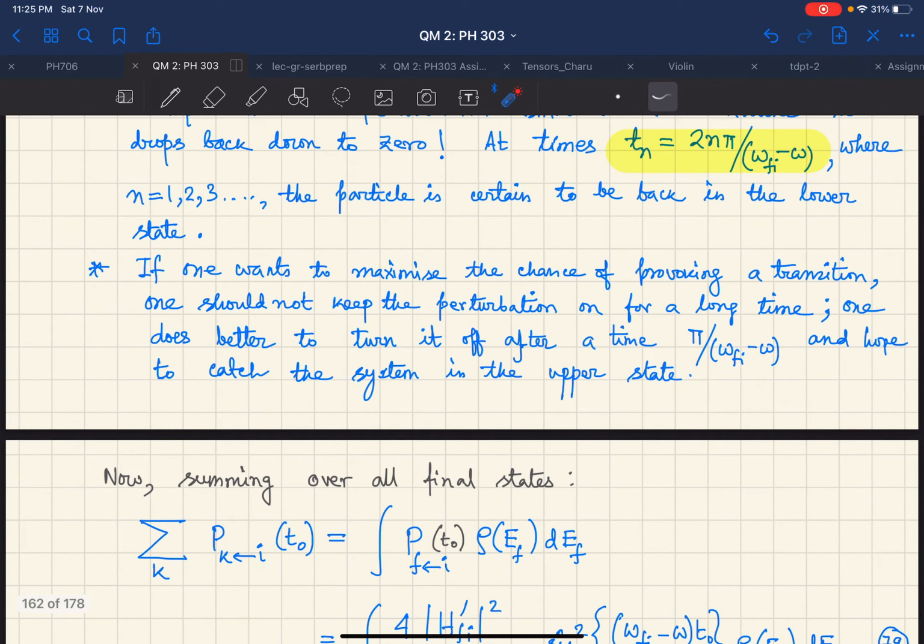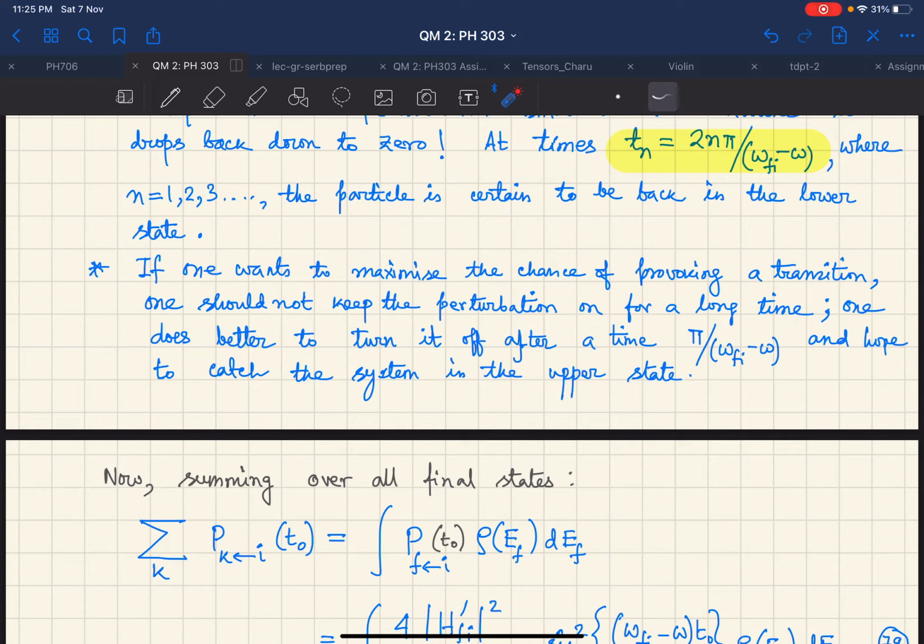Now, you can also conclude one thing, that if you want to maximize the chance of provoking a transition, that means you need a transition from the initial to some final state, and you do not want that final state to again come down to the initial state, then you should not keep the perturbation on for a long time.